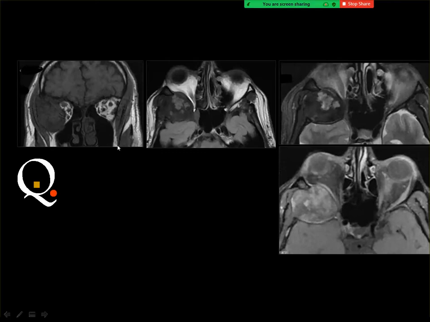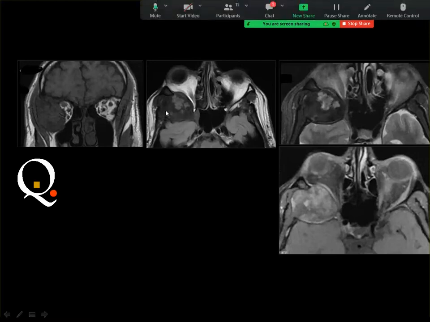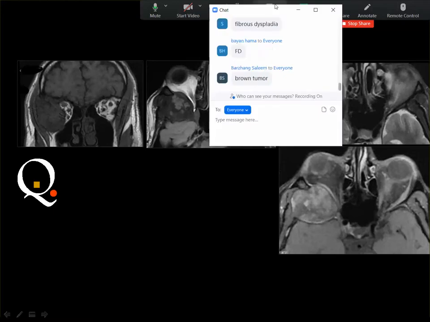You can see that there is a bony lesion which is affecting the lateral aspect of the orbit as well as the greater wing of the sphenoid. The lesion is expanding and it shows heterogeneous texture with some enhancement after injection of contrast.